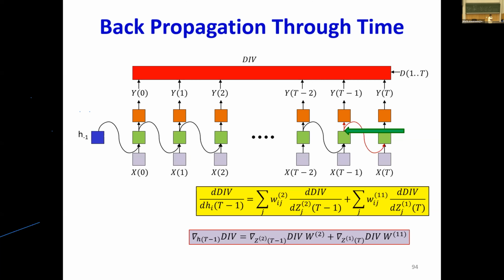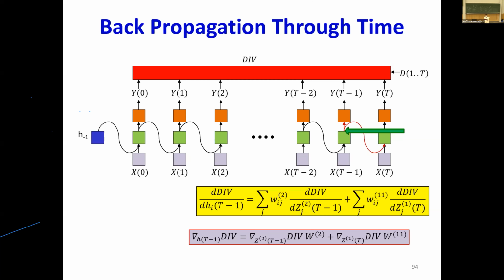So this is easy. Now, what is the next derivative over here? So what is the next derivative I'm missing here? But what about the weight? Have we considered the weight for the red arrow?